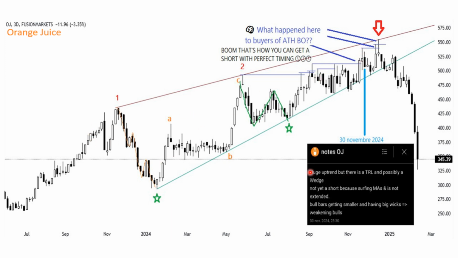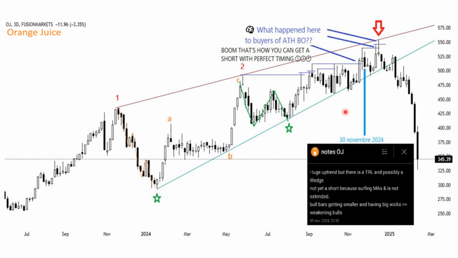A wedge is another type of major trend reversal. It acts similar to the dynamic that's happening in the head and shoulders top. Look, not yet a short here, not yet, because it's surfing the moving averages and it's not extended.